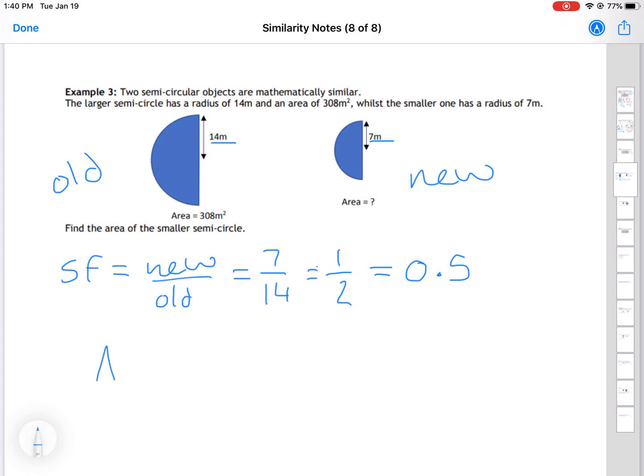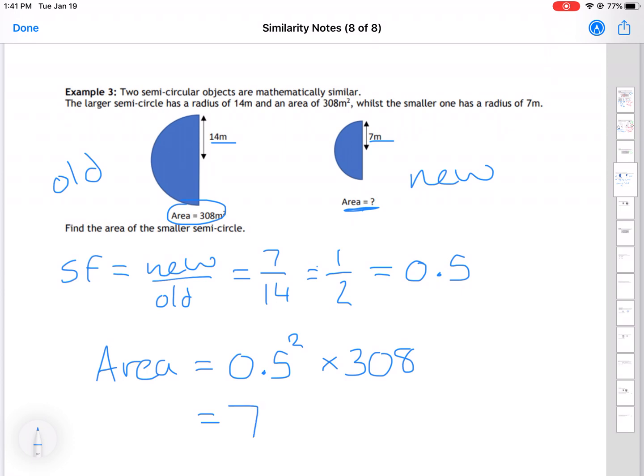Now, to find the area then, that's what we're looking to calculate. We have to take the scale factor. We are working with area, so we have to square the scale factor and multiply it by the old area. So that is 308. Now, this process can go in your calculator, 0.5 squared multiplied by 308.